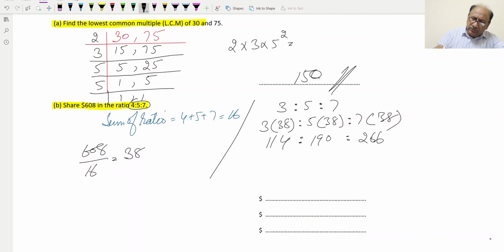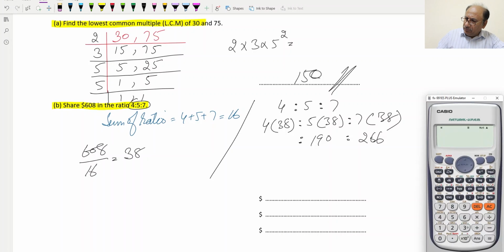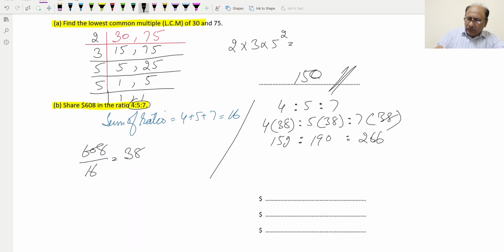This is not 3, this is 4, so we will write 4 here and rectify this. 38 multiplied by 4 is 152. So our answer will be 152, 190 and 266. This is the final answer for B part.